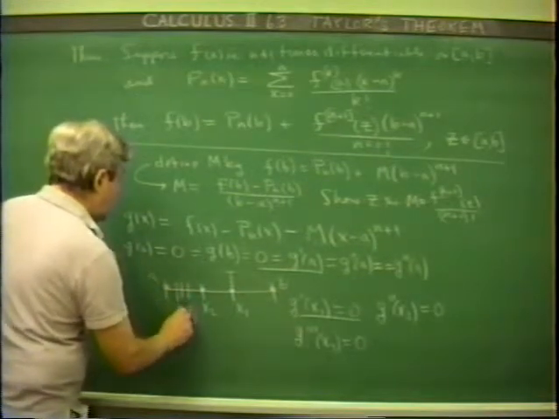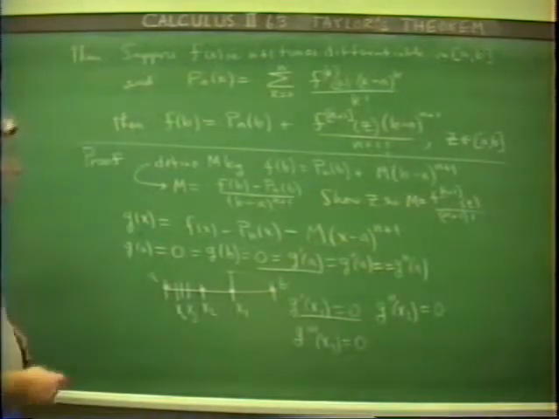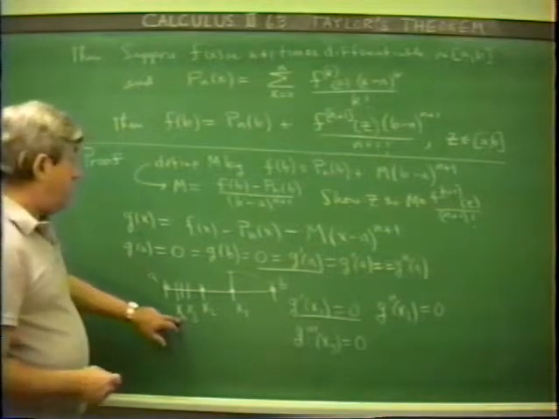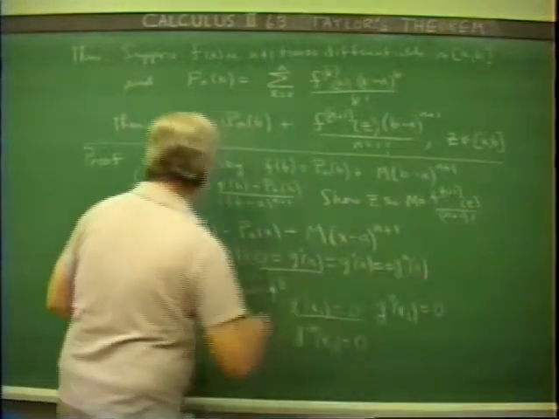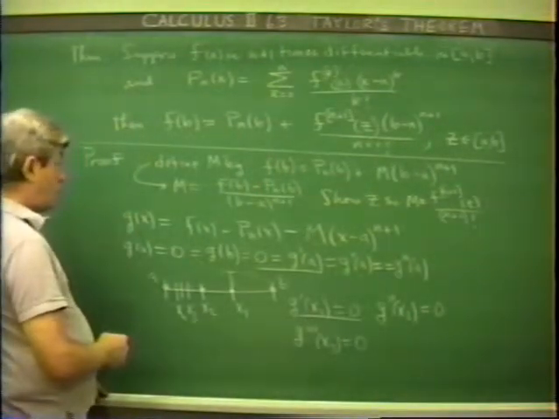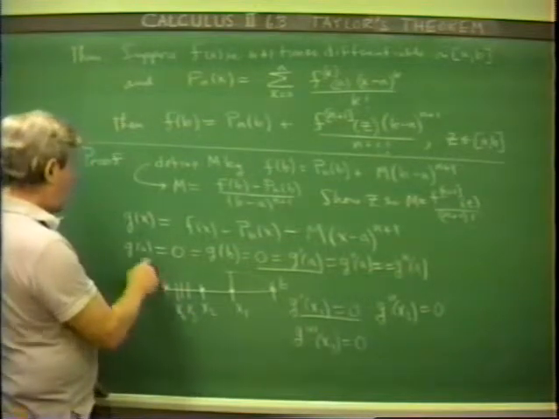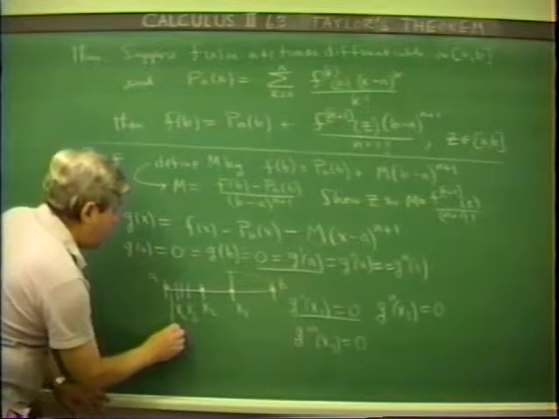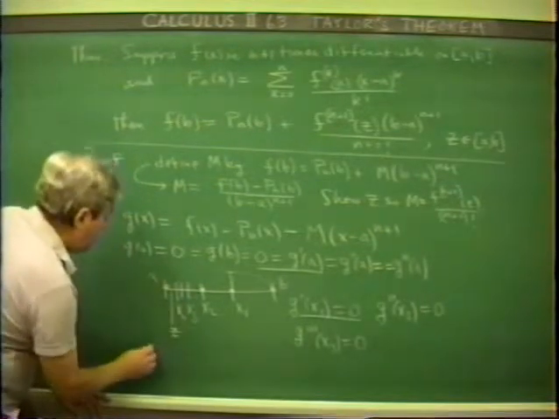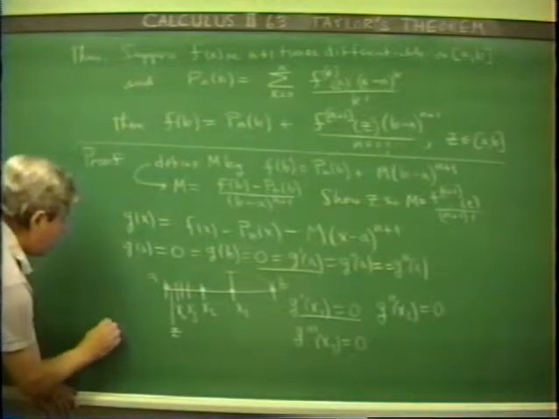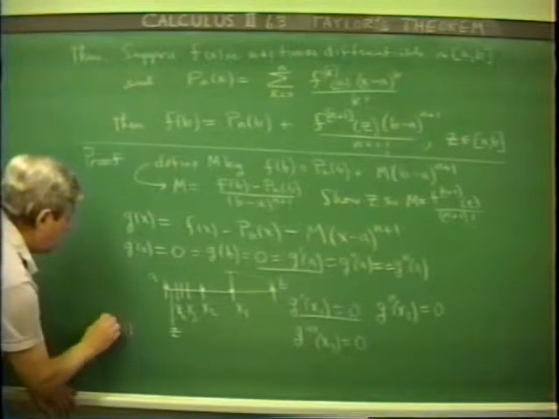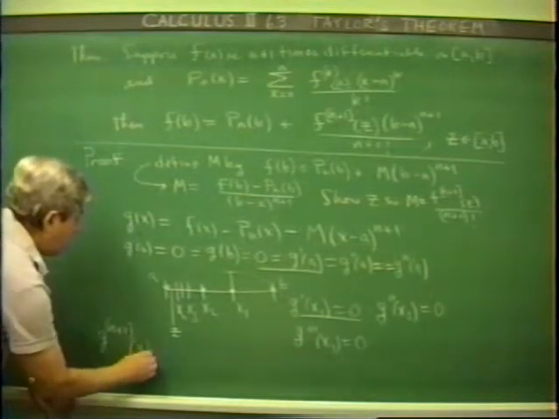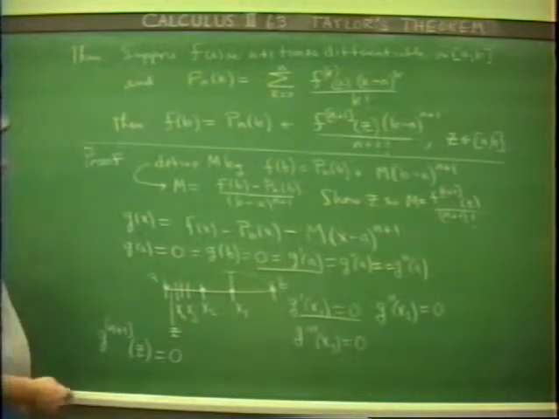And we can continue doing this up through and find a point xn so that the nth derivative of g at a is 0, and at xn is 0. And now, since the nth derivative of g at a is 0, we can finally find a point z between xn and a so that the n plus first derivative of g at z is equal to 0.